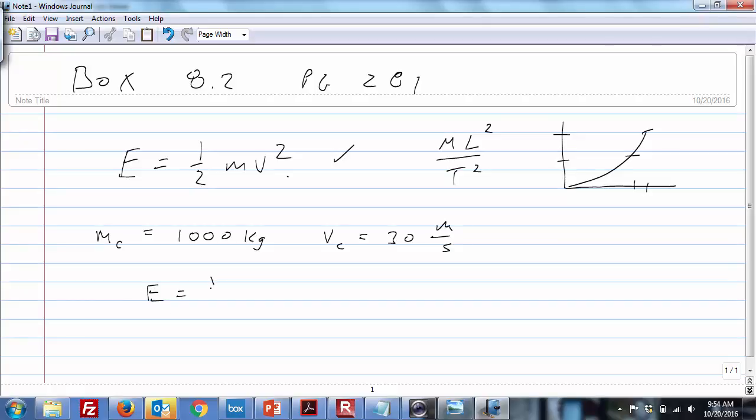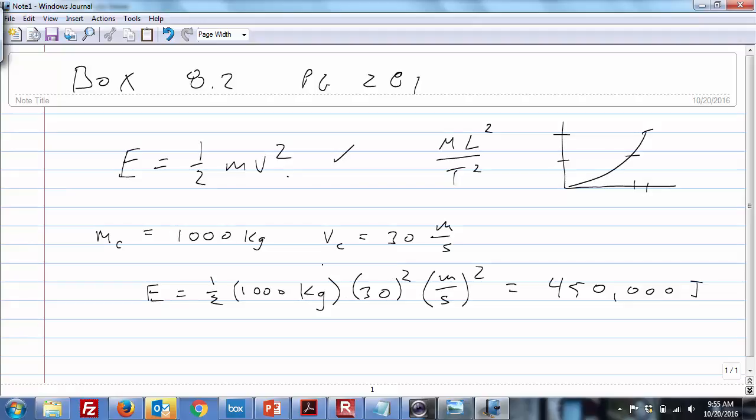Energy equals 1/2 times 1,000, and I'll keep the units in there. Kilograms times 30 squared times meters per second squared, and the answer comes out to 450,000 joules, because a joule is a kilogram times a meter squared times a second squared.